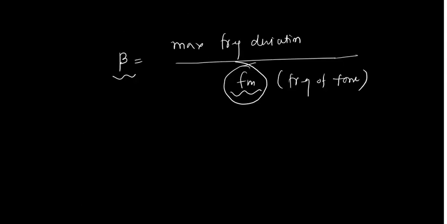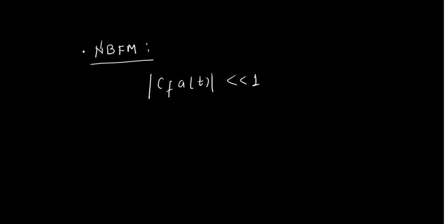Okay. Next we studied the narrowband FM, and while studying NBFM, we have seen that if your signal satisfies this, then your FM PM signal satisfies this, then you are actually having a NBFM signal.